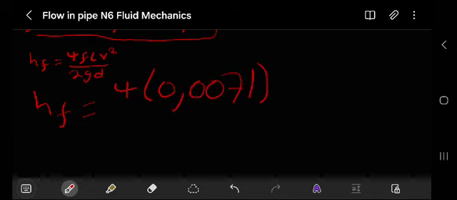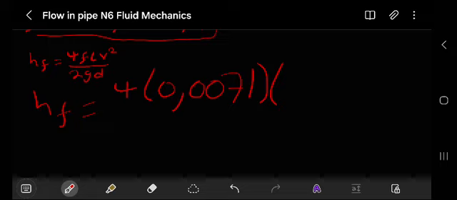HF must be equal to 4 into 0,0071, right? What about the length? Remember, we're given the length to be 4,000.